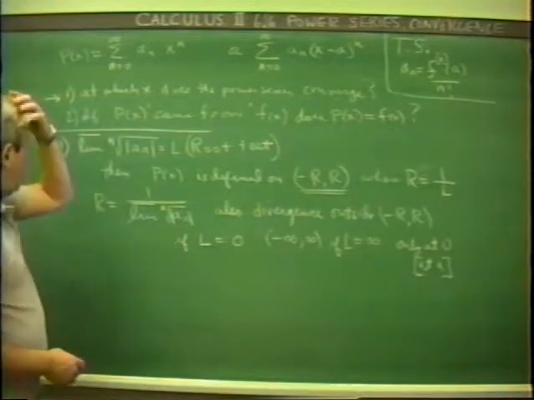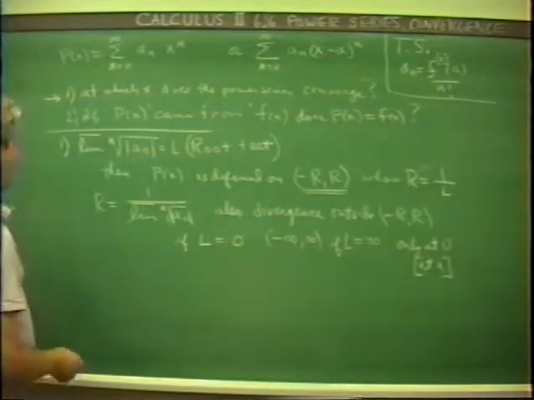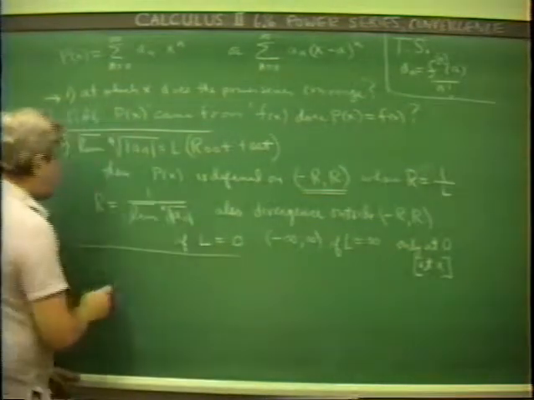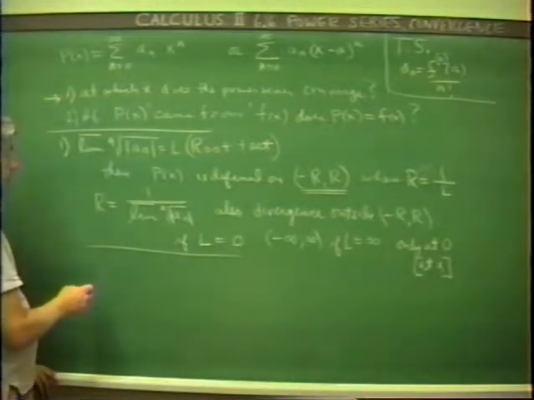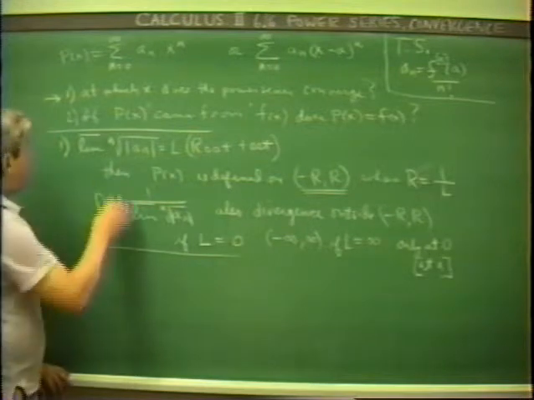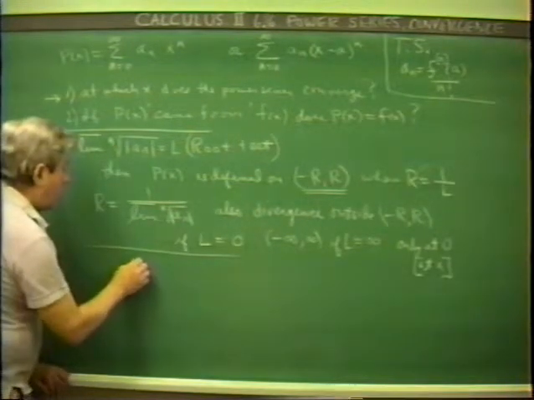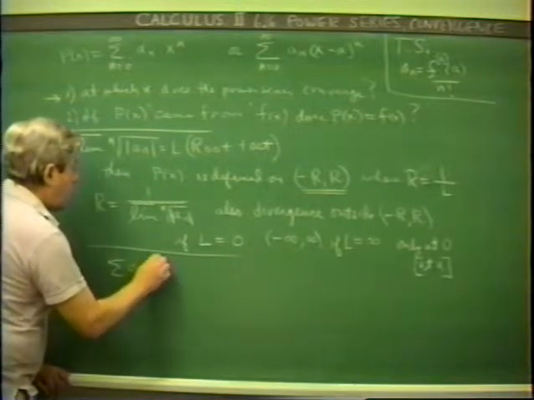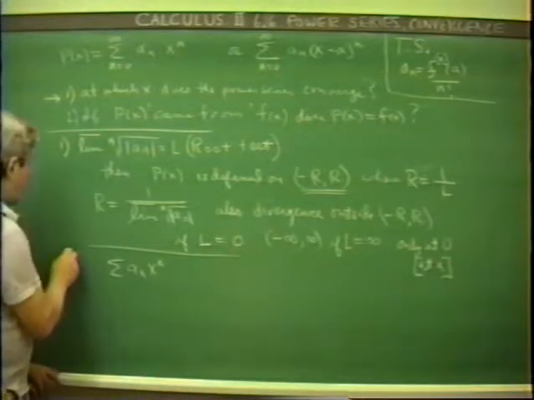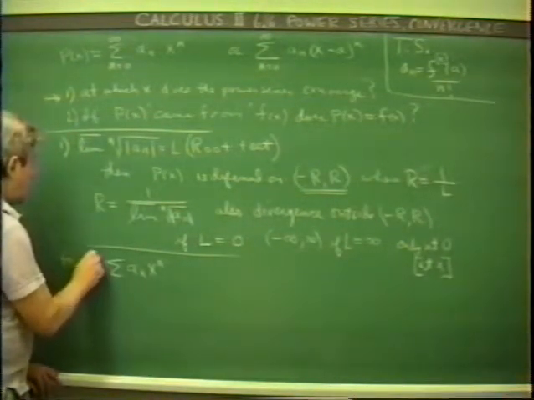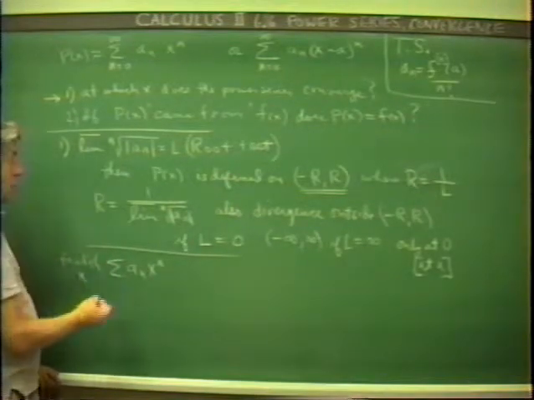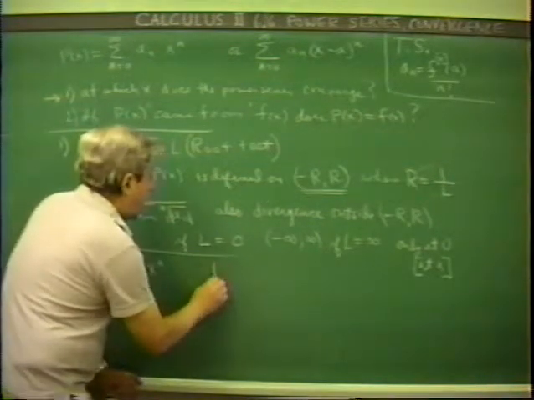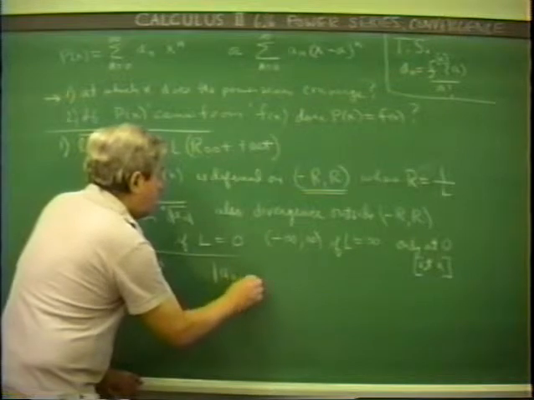Now, sometimes, in fact frequently, it's more convenient to use the ratio test when the ratio test applies. That's to say, suppose we look at summation a_n x to the n, and we want to know for which x this converges.